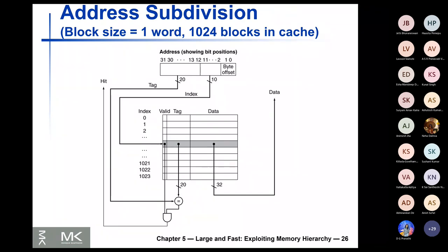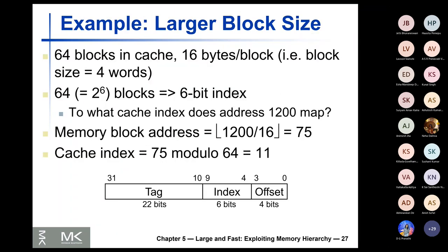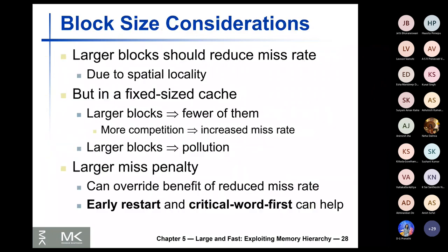So in this example, the block size is 1 word. So directly by taking the 32-bit word address, you could figure out everything very easily. All the time it is not easy. Sometimes, for example, if there are 4 word blocks, then your word address indexes have to be modified accordingly, and the offset also has to be modified accordingly.